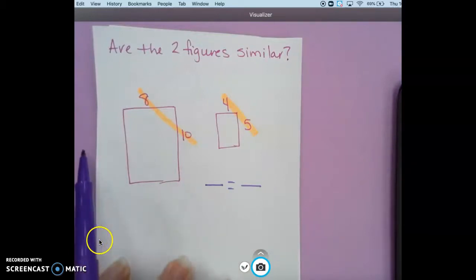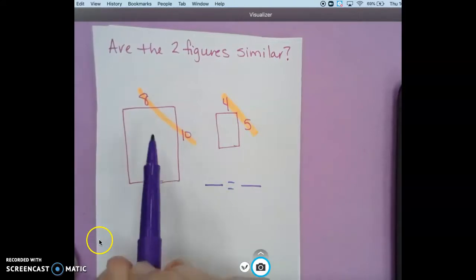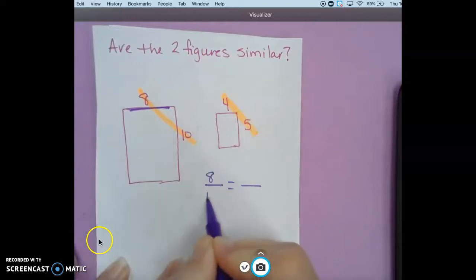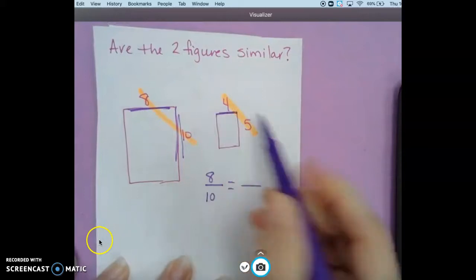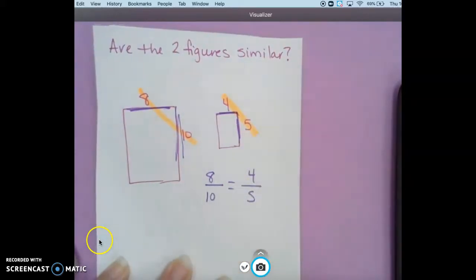We want to make sure that we set these up in the same position. Remember we talked about corresponding parts. So this piece, the 8, and then 10 here. So then this one must be 4/5. The key is to always keep everything consistent.